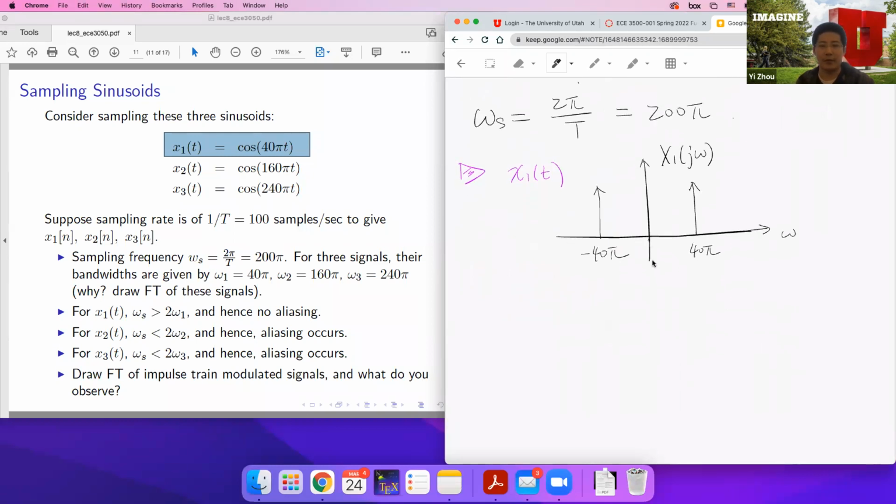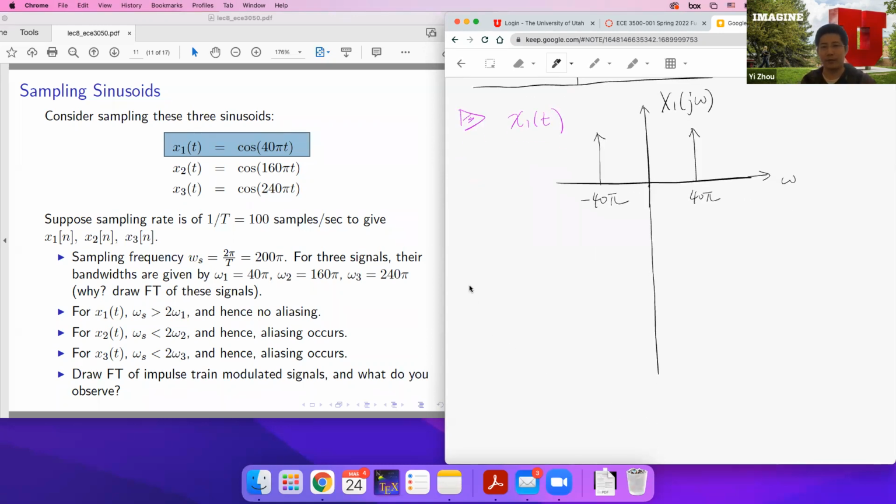And then we can further... So this is the given spectrum of x1(t), and then we also know the omega s, the sampling angular frequency. So we can further visualize, plot the spectrum of the sample signal. Let's do it here.